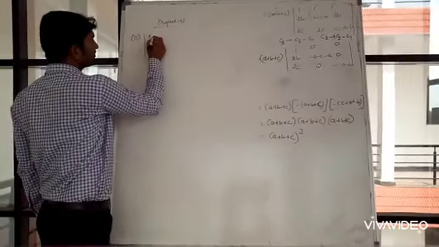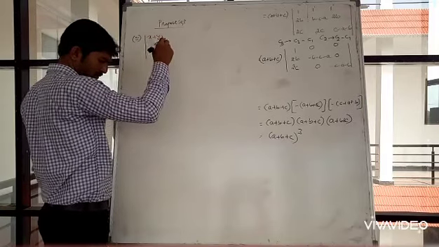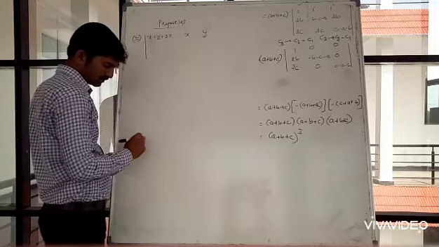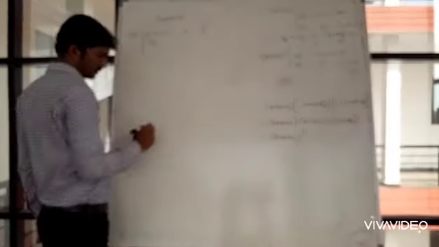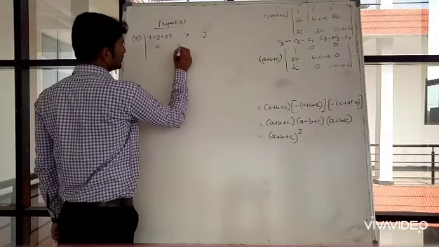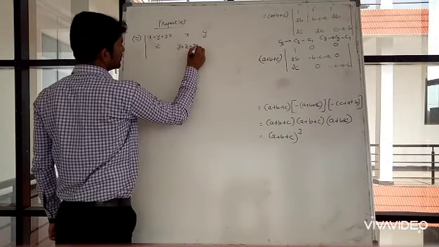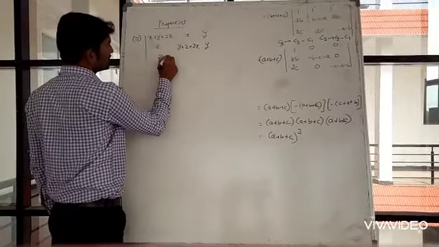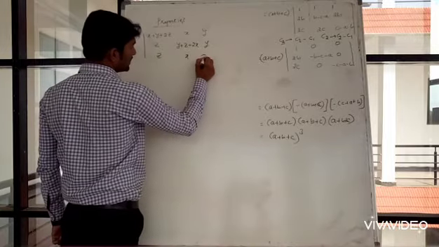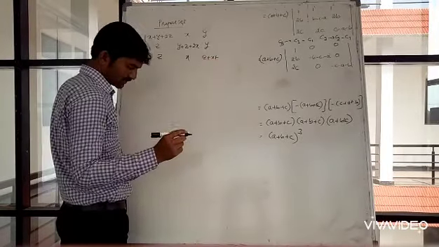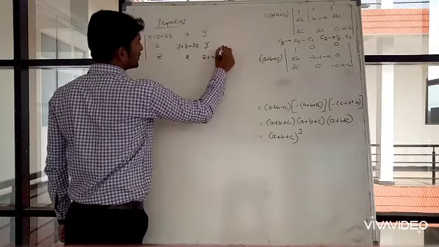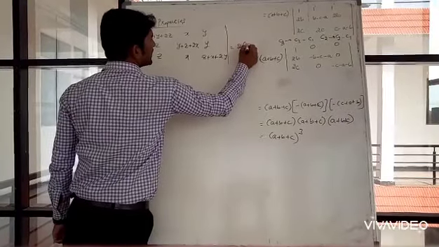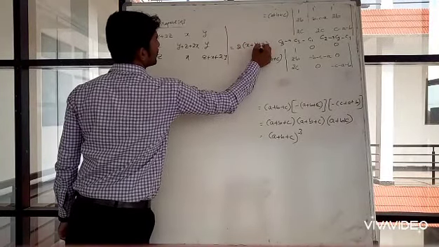Determinant of x plus y plus 2z, x, y; z, y plus z plus 2x, y; next z, x, z plus x plus 2y is equal to 2 into (x plus y plus z) whole cube.